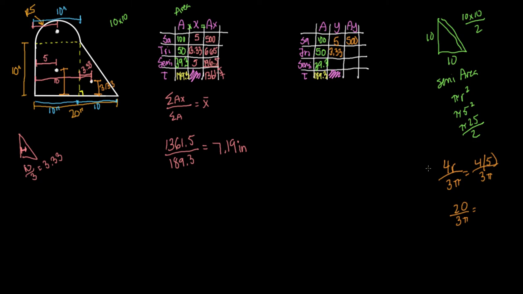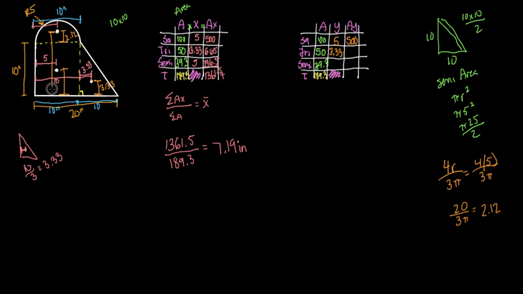Make sure you do that 3 pi by itself. That's one thing that people make a mistake on. I get 2.12. Now, that distance comes from the centroid to the straight edge of that semicircle. So 2.12.